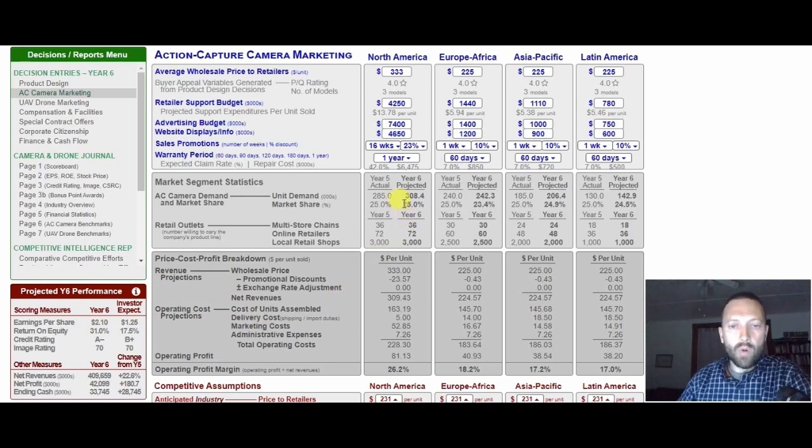Again, we hold the market share constant at the profit maximizing quantity. And then we try to make different combinations of the above to get the operating profit to be as high as possible. And that will give us the highest profit or earnings per share.